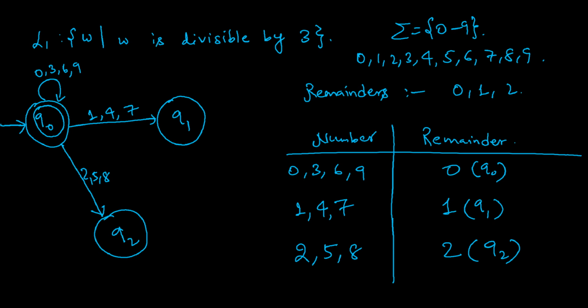Very good. So when you are at Q1, Q1 represents remainder 1. It means the string traversed so far gives the remainder 1 when it is divided by 3. So you can say that Q1 is 1 mod 3, Q2 is 2 mod 3 and Q0 is 0 mod 3.